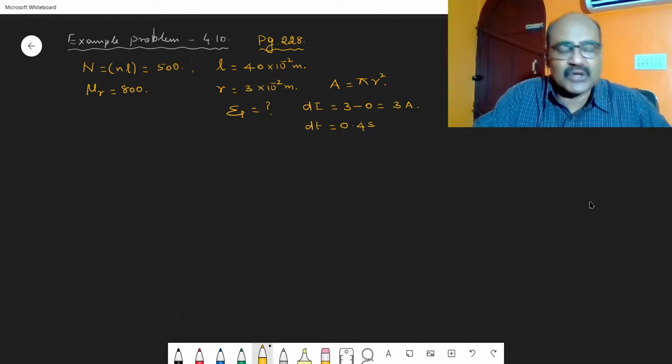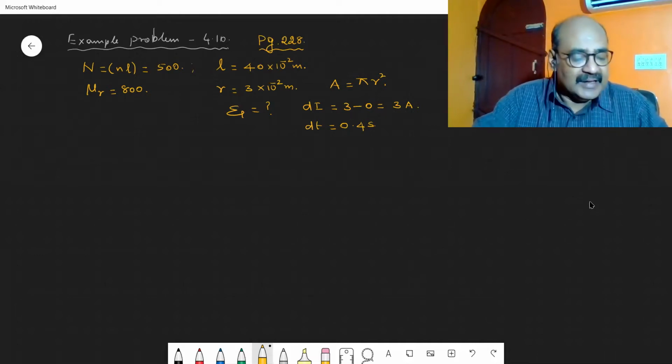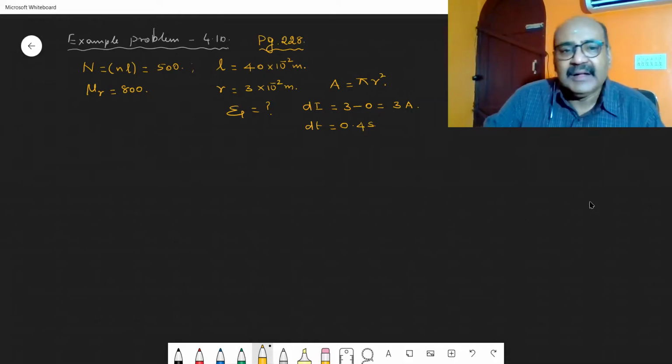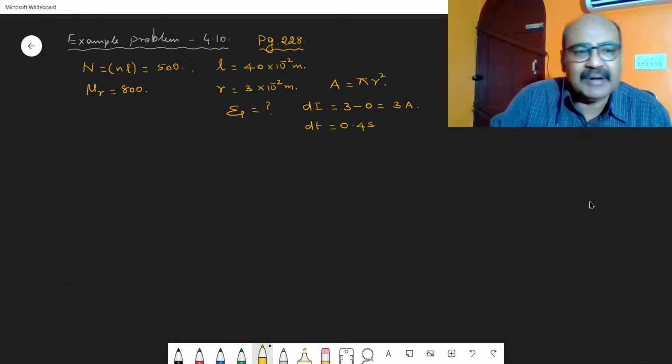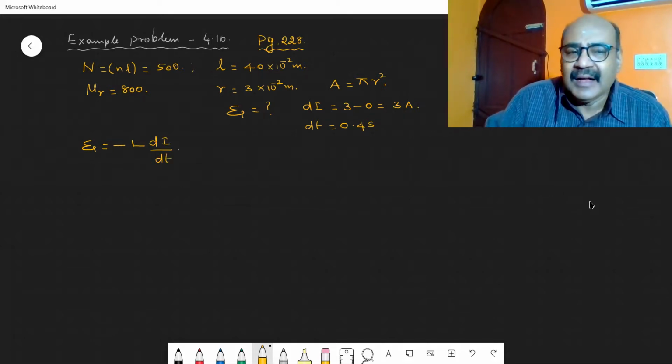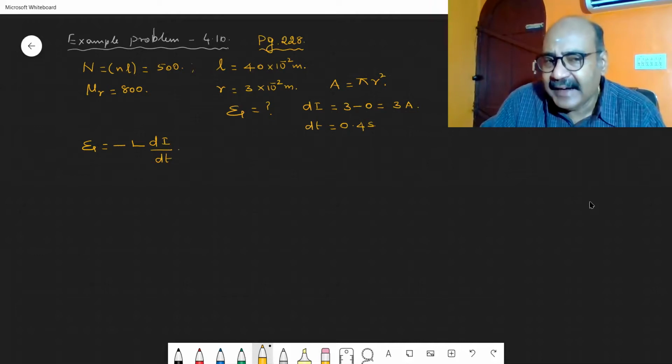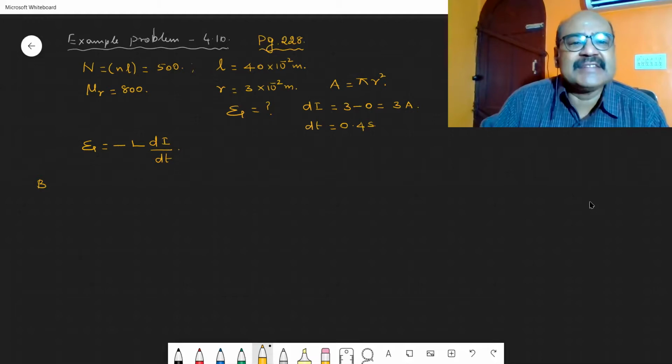So how to solve this problem? As we know, we are in need of the EMF. The EMF can be calculated using the formula EMF is equal to minus L into di divided by dt. Here di we know, dt is given, we have to calculate L. Let us take this as equation number 1.